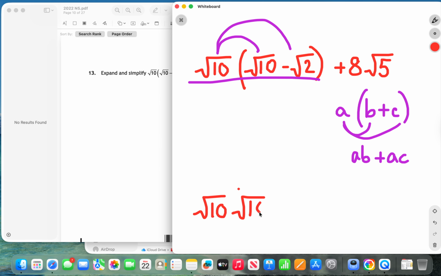Then it's root 10 multiplied by minus root 2. A positive multiplied by a negative gives a negative, and we then do minus root 10 times root 2. And we then add on the 8 root 5.